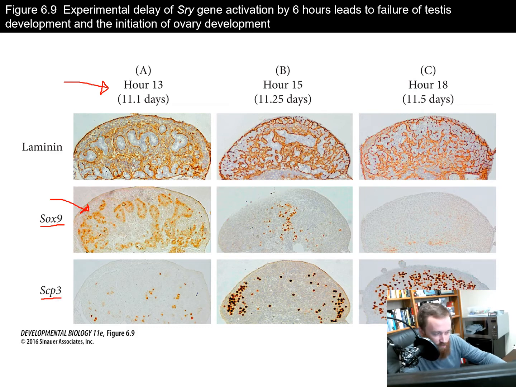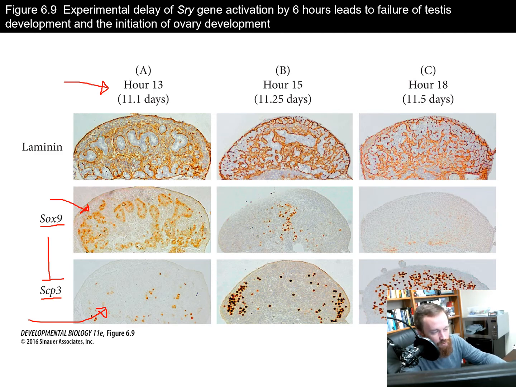SCP3 is an ovary developing gene, and normally when SRY is expressed, SOX9 gets expressed, which will repress SCP3. So if it's expressed at the right time, we see very little SCP3 expressed, and so we should get testes formation.